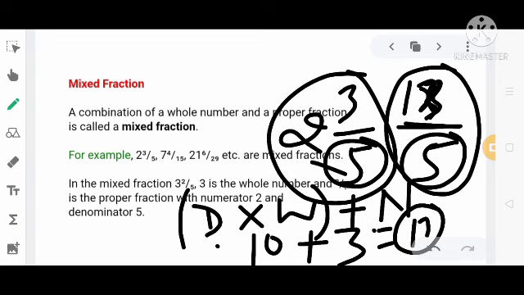If you notice, breaking down a mixed fraction results in an improper fraction. One example is 2 whole 3 by 5.